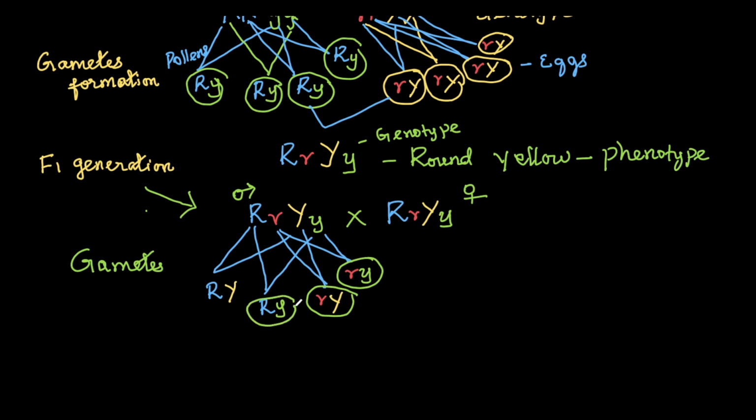So this gamete formation you have to know, because in the board they will give one genotype like this and they will tell you to write the gametes. Next, the same way you will get the gamete formation on this side also.